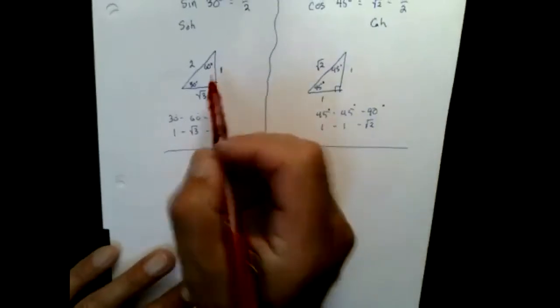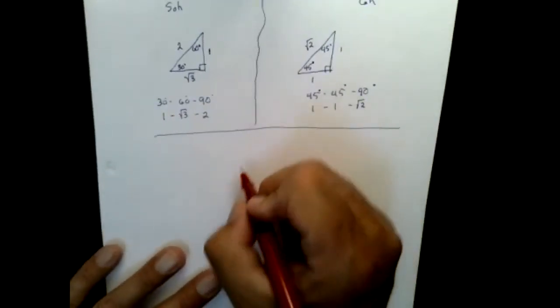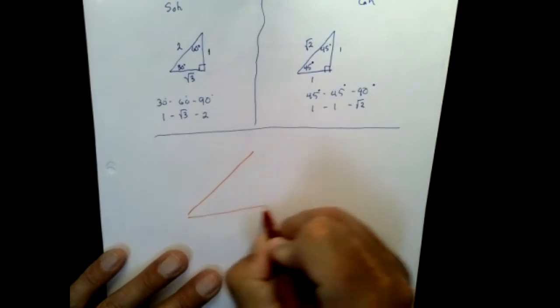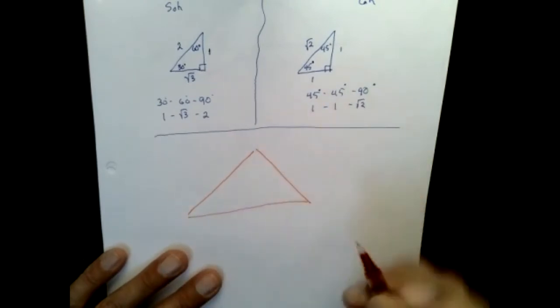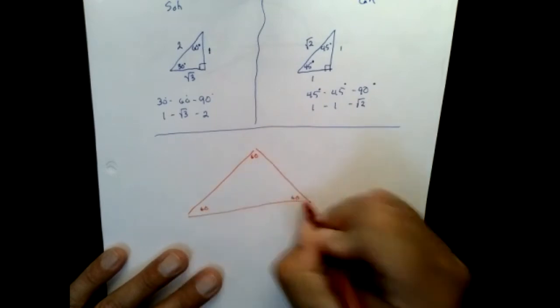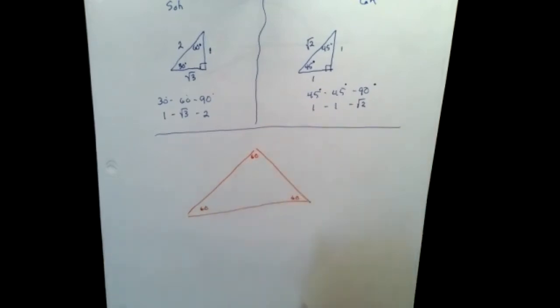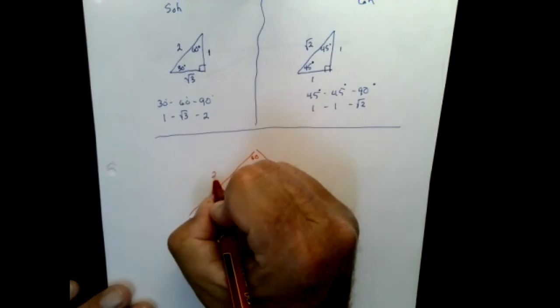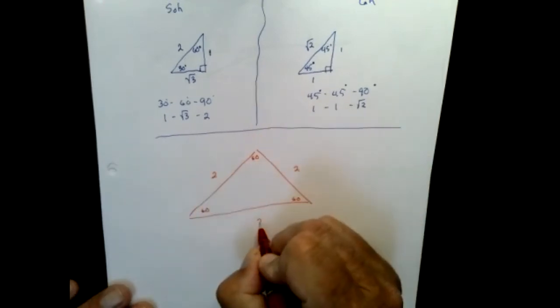They came about from the way we started today. Last class, I drew an equilateral triangle, 60, 60, and 60. If the angles are all the same, then the side measures are all the same.